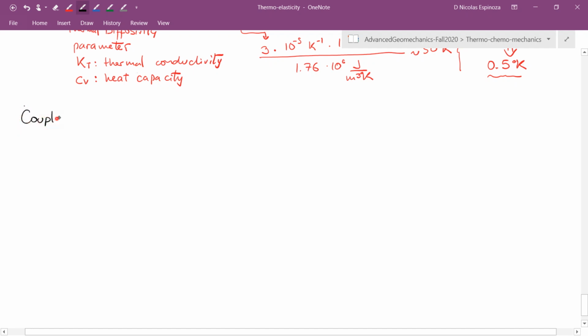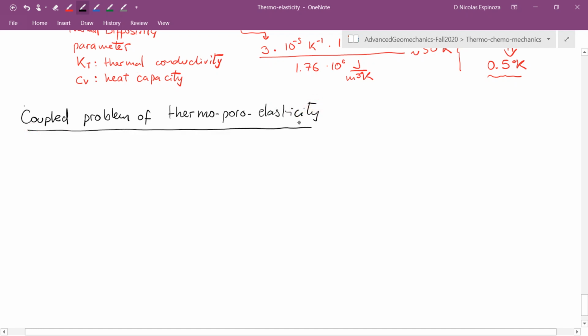This is going to be a coupled problem of thermo-poro-elasticity. This one is going to be a little bit more complex than the ones that we saw before.